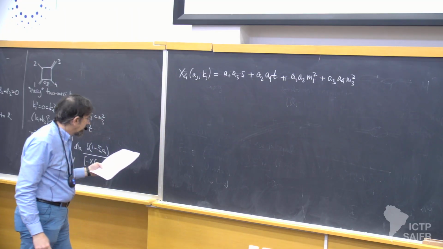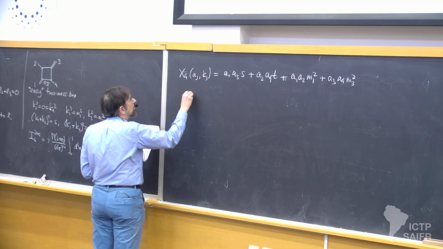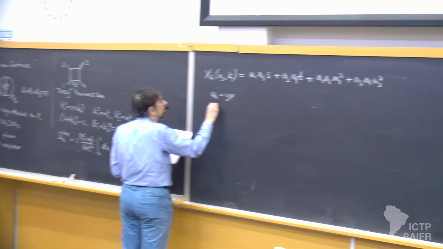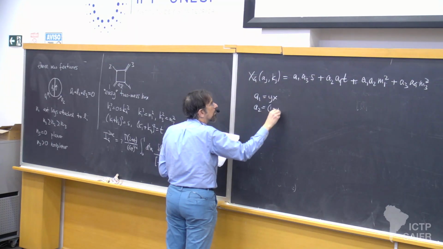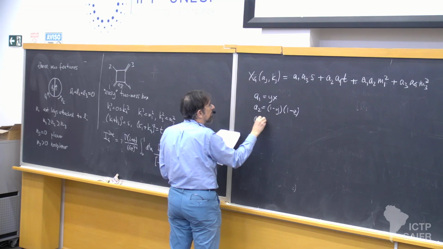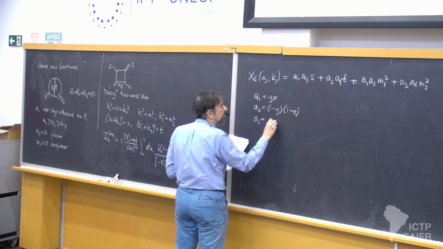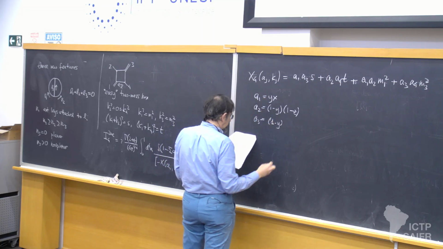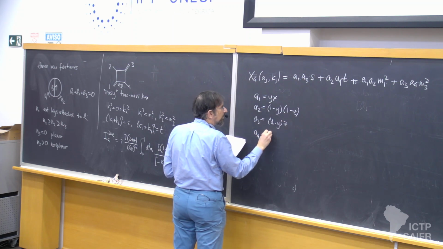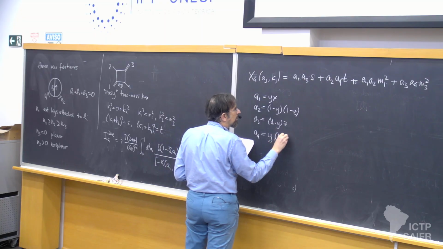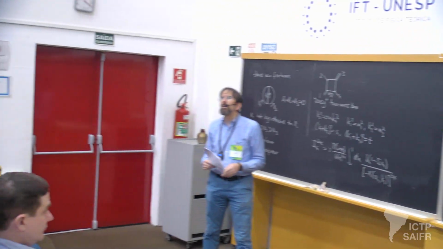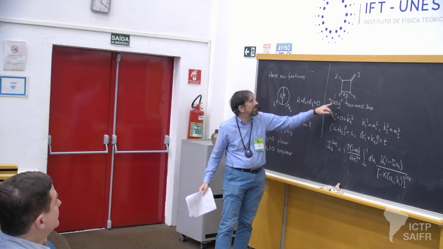So here there's a trick, and the trick is to make the following change of variables, which allows you to factorize this polynomial x. And because you can factorize the polynomial x, it turns out that you can actually compute this integral to all orders in epsilon using hypergeometric functions, and that's why it's called the easy integral.